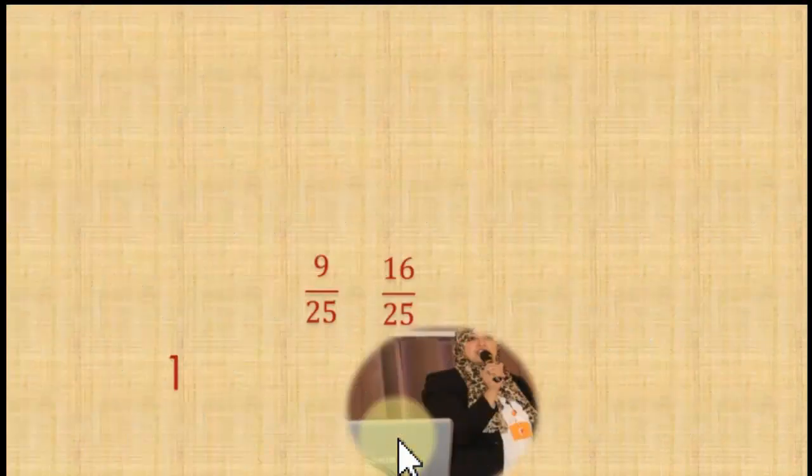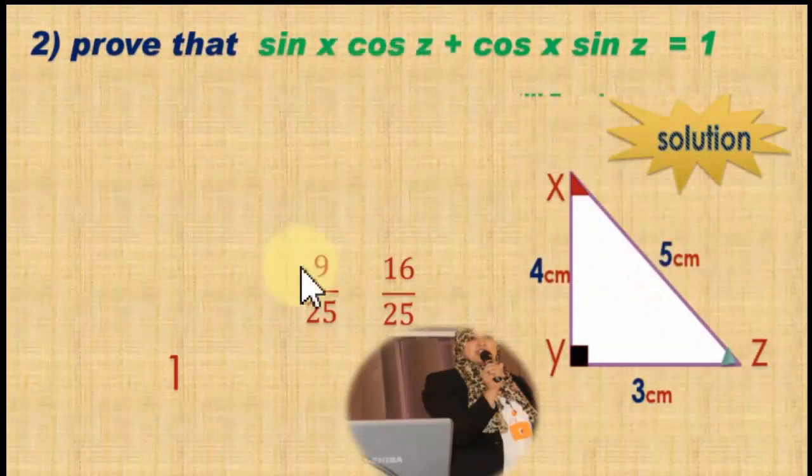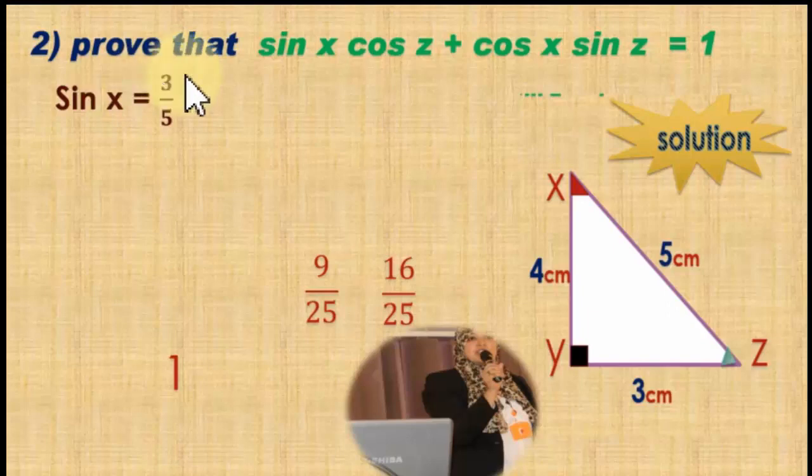What about the second question? Sine x cosine z plus cosine x sine z. He wants to prove that sine x cosine z plus cosine x sine z equals 1. Okay. Sine x equals 3 over 5, the opposite side over the hypotenuse.